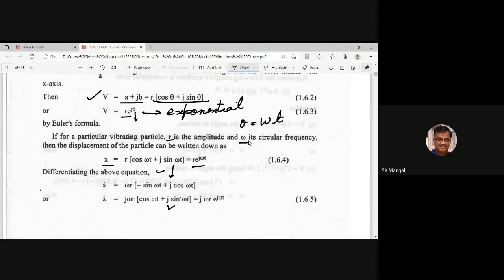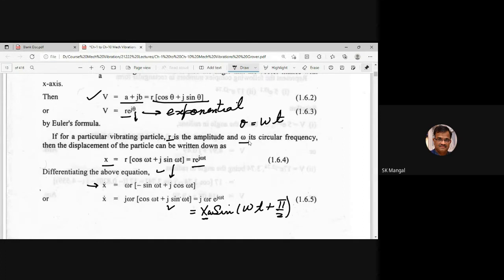Now if you compare our earlier equation of the velocity vector, which was x omega sin of omega t plus pi by 2, you have seen that this velocity vector is leading the displacement vector by 90 degrees.